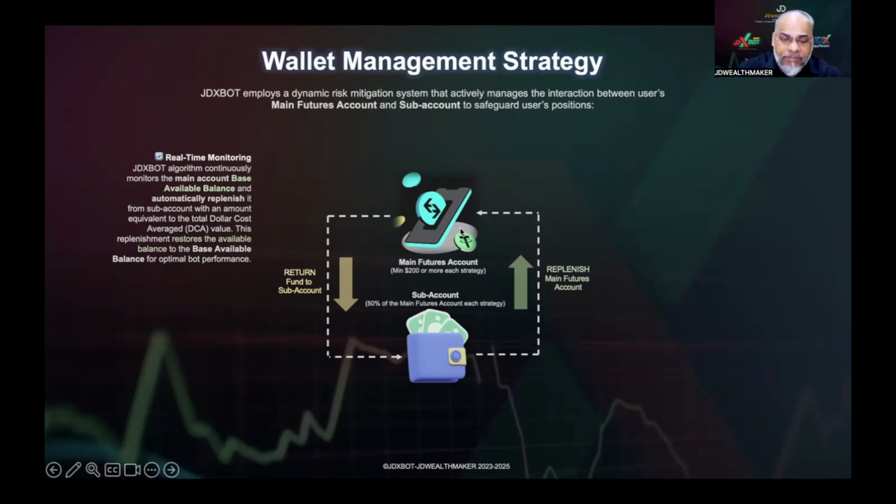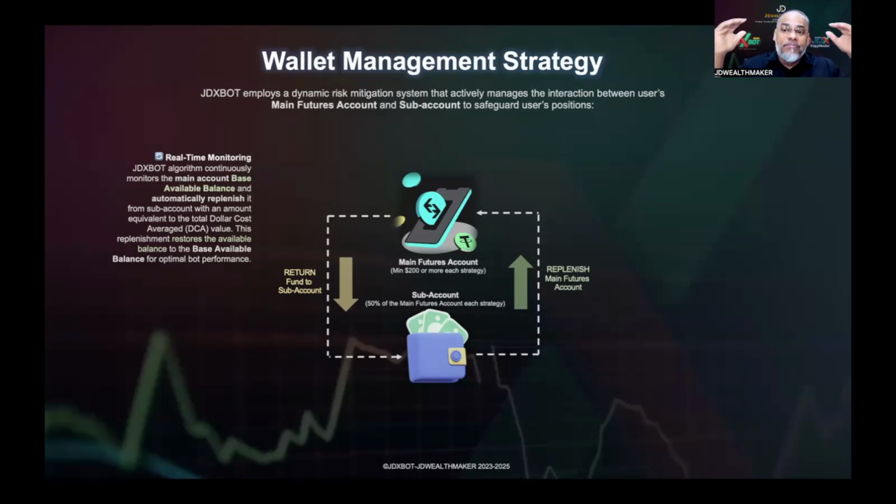Now, let me explain to you how this works. Let's say, for example, when we open a position, please understand, there is no such thing as a perfect entry when it comes to trading. Although, yes, you have all the technicals telling you that you have to buy, sometimes there will be manipulation, especially when it comes to cryptos, okay? When it comes to Bitcoin, because we have different players, ETF players, retail, and so on.